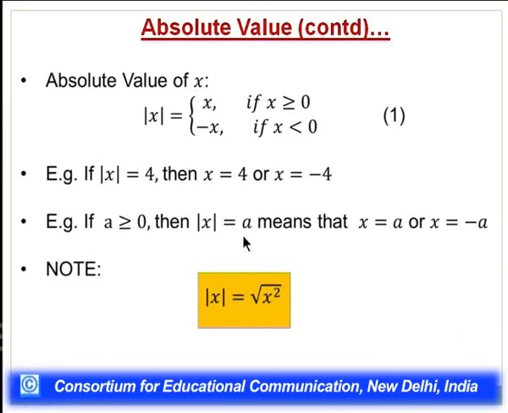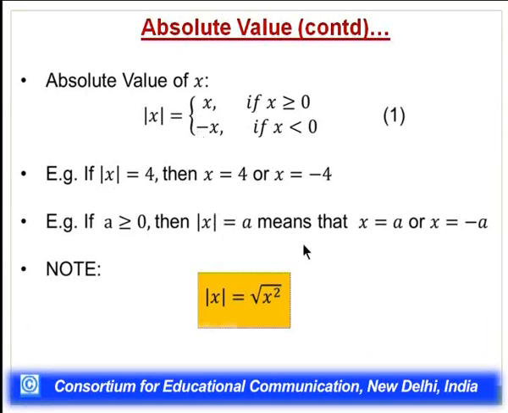And in general, if the absolute value of x is equal to some number a, where a is non-negative, then if I solve for x, I will get x is equal to a or x is equal to minus a.